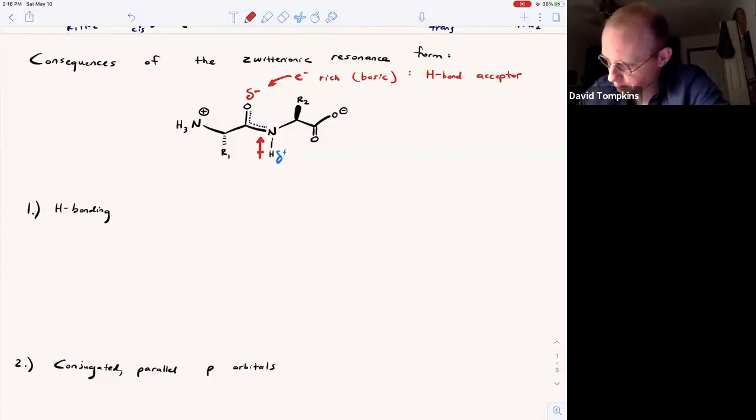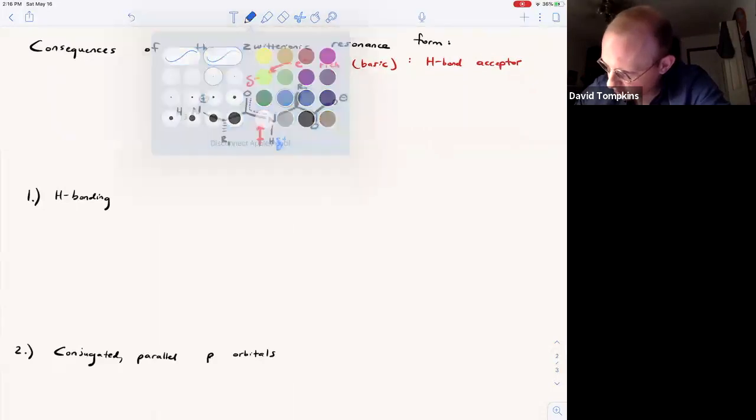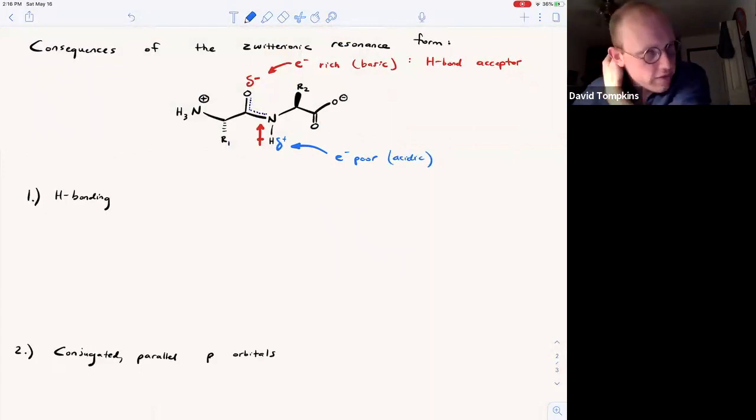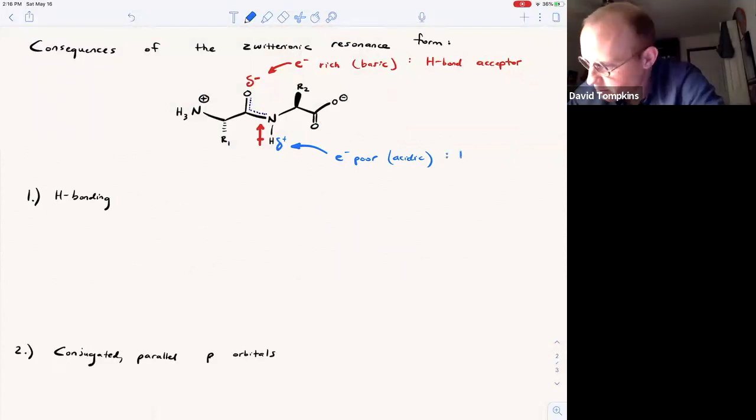So you can view this as being the electron-poor end of the amide bond, where it will be reasonably acidic with a pKa around 16. So that doesn't ionize under physiological conditions of pH 7, but it is going to be an excellent hydrogen bond donor.